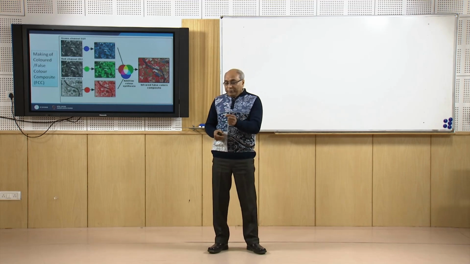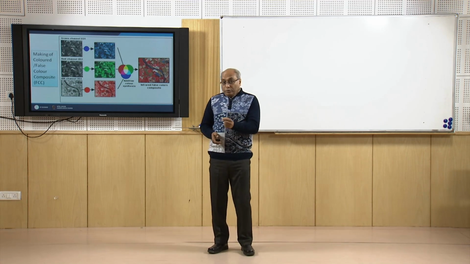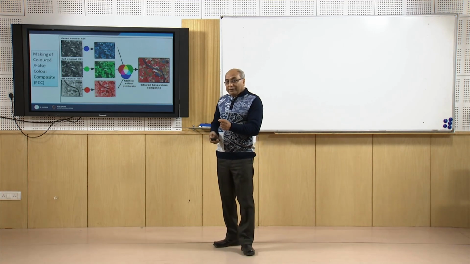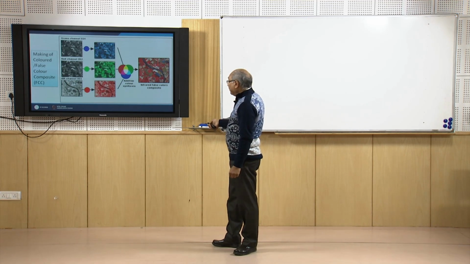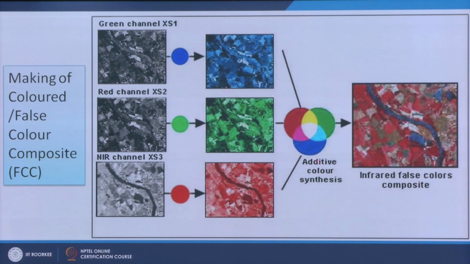So any value between those 0 to 1.67 million colors can come to represent. That is why generally colored images are much more useful as compared to black and white images of any channel or any band which we are seeing.